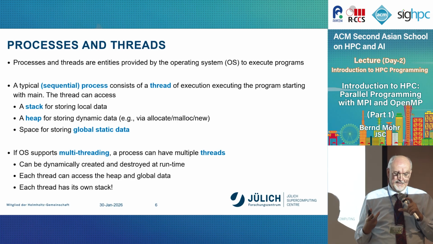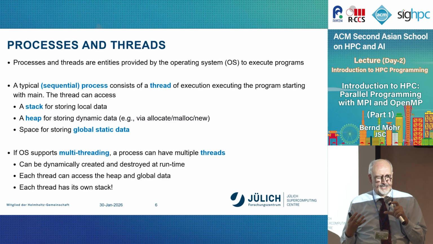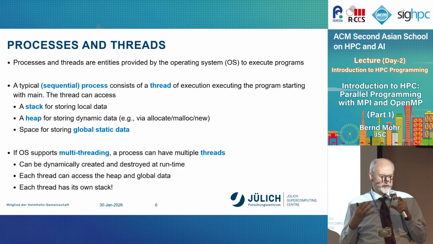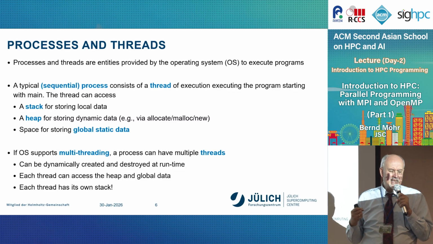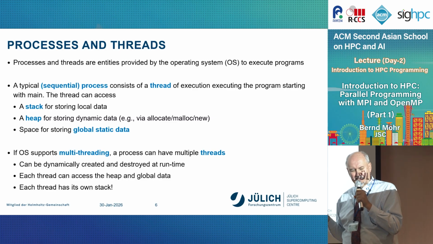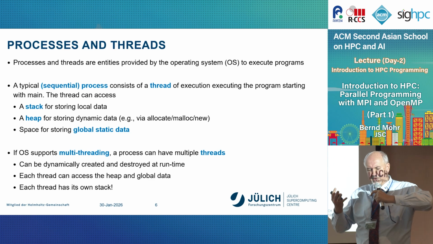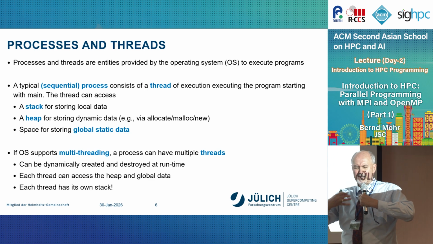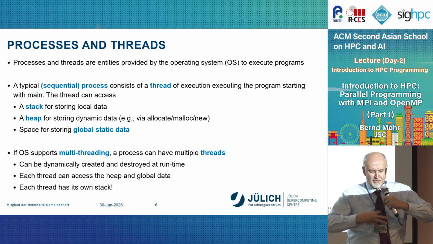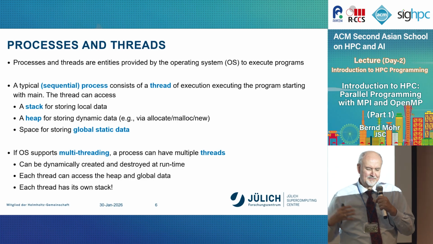There are two things in an operating system that allow us to run programs. One is called processes, and the other is called threads. Both are ways to say, here's a set of instructions, and I run on a specific set of data.